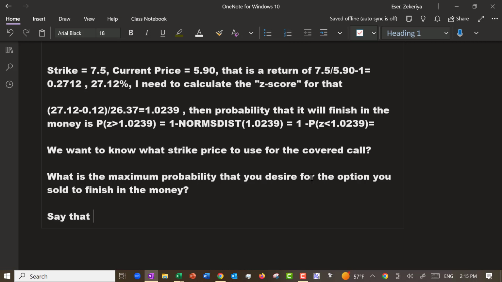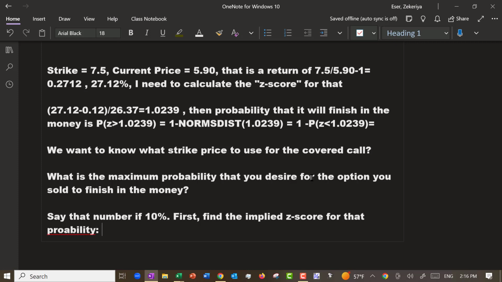Say that number is 10%, okay? First, find the implied z-score for that probability. That's inverse normal distribution.